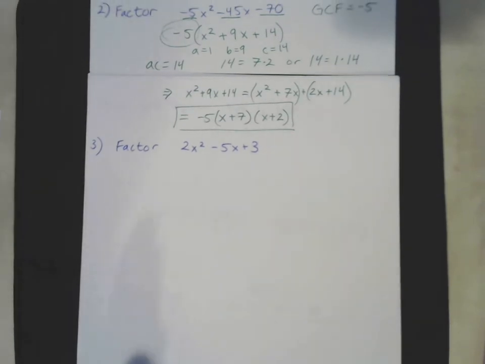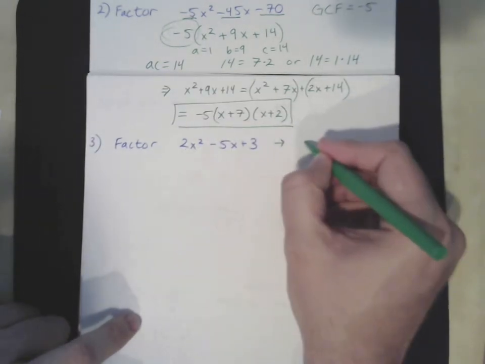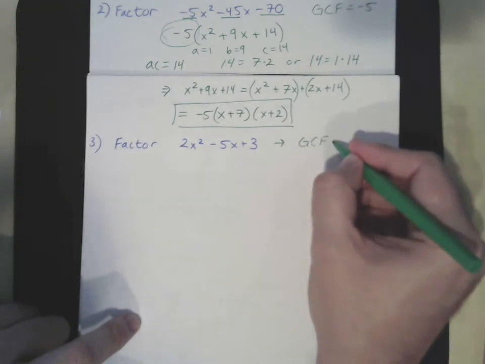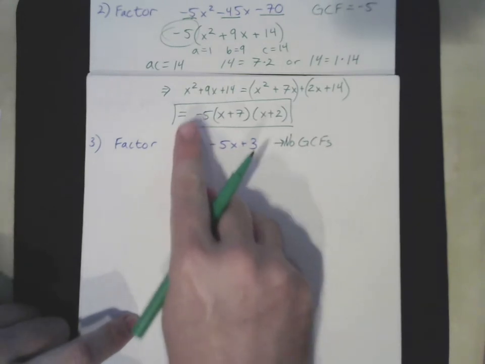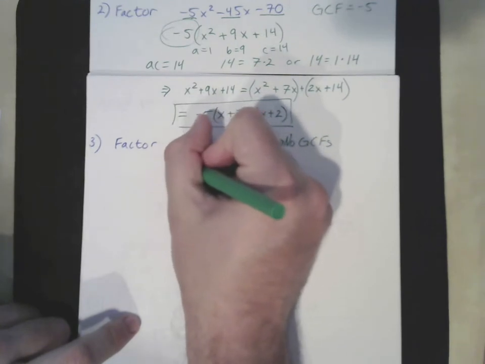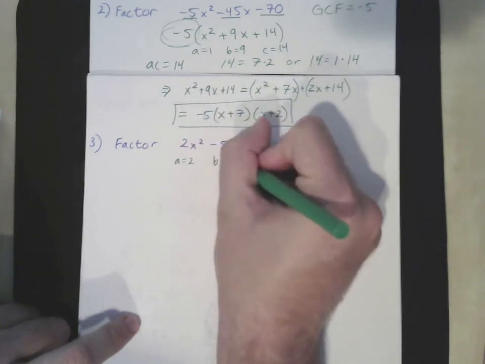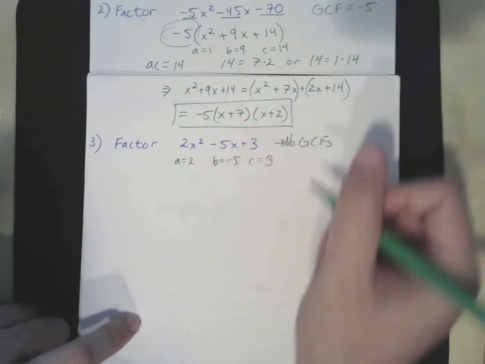The reason I say this is the one that students typically don't like is because, one, the first thing to notice between 2, negative 5, and 3 is there are no GCFs. No GCFs. And we can't use the shortcut. Our a is no longer equal to 1. So a equals 2, b equals negative 5, and c equals 3.